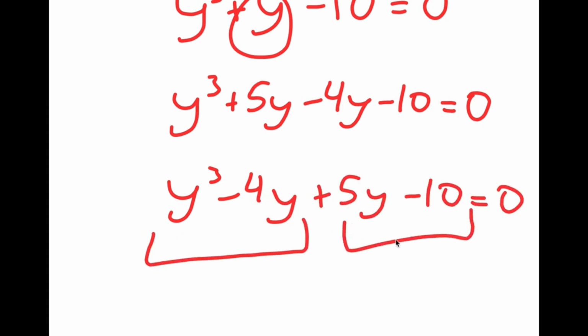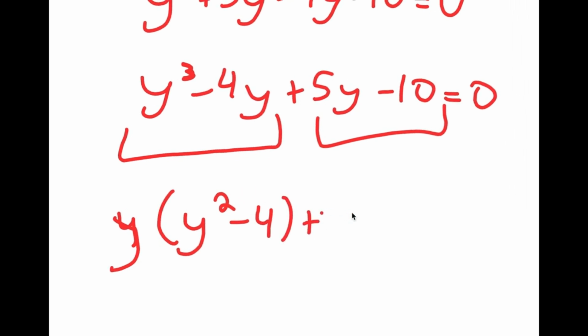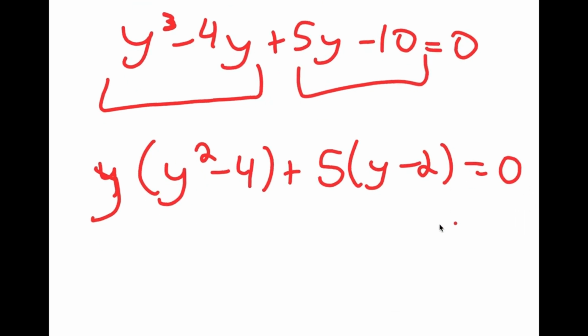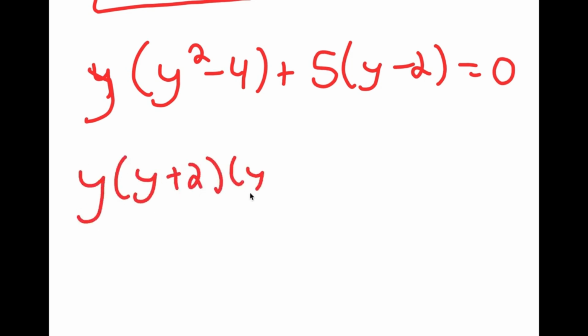So now if I factor by grouping, I can start with y to the power of 3 minus 4y. I'm going to factor out y, so I get y times y squared minus 4, plus from 5y minus 10, I have 5 times y minus 2 is equal to 0. Now, y squared minus 4, I can rewrite that as y plus 2 times y minus 2.